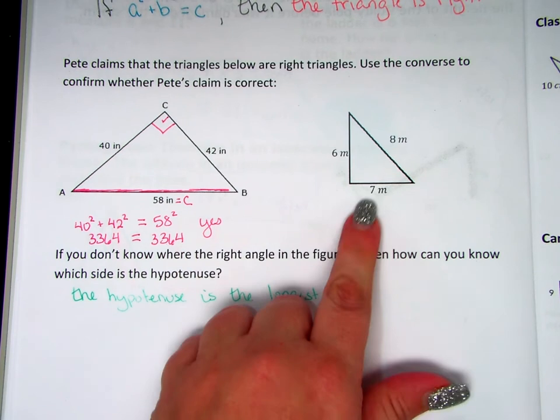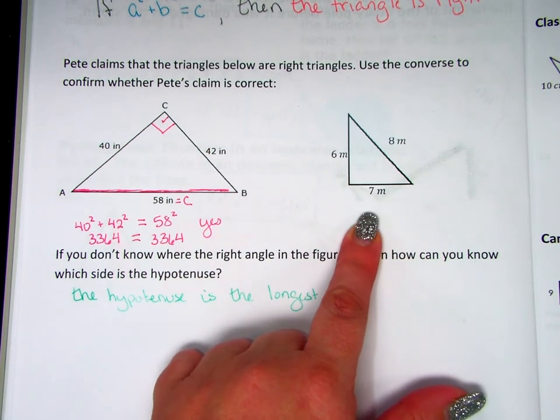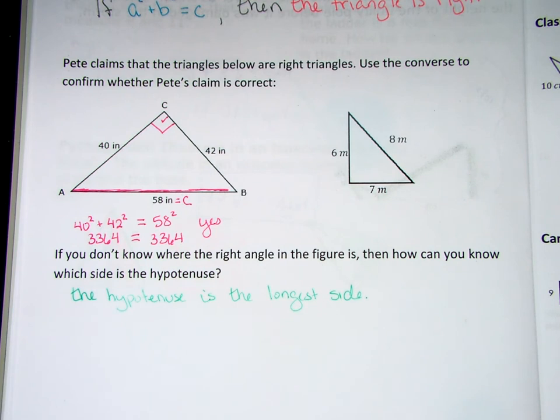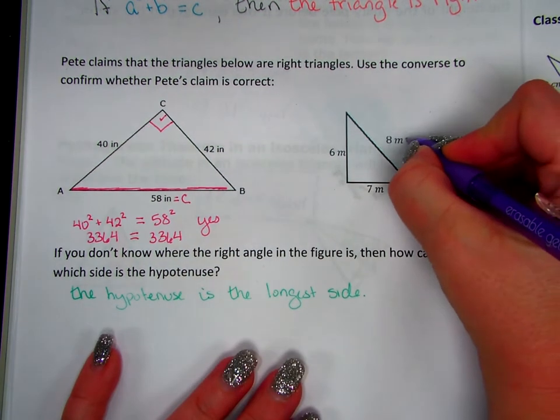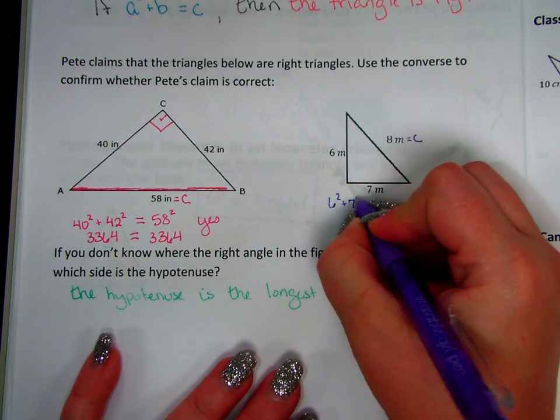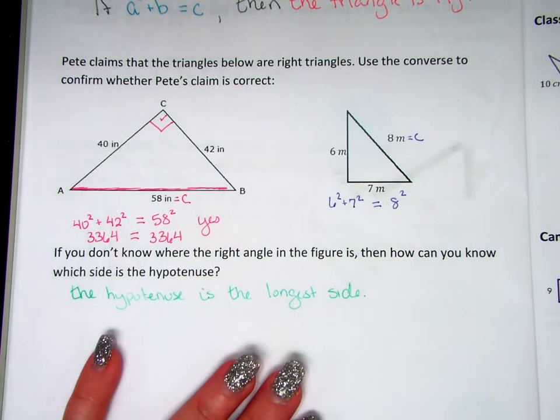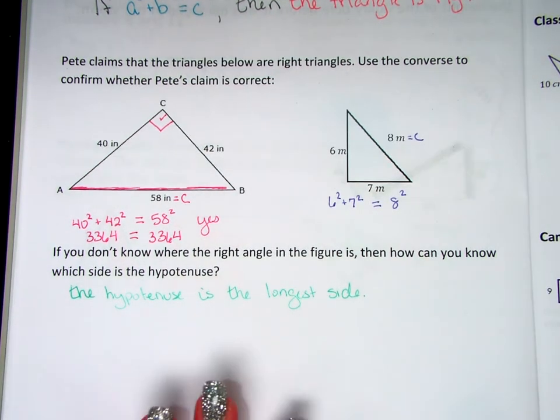Okay, let's check the other one, the one next door. 6, 8, and 7. If this is a right triangle, which one is the hypotenuse? 8. So I'm going to test 6 squared plus 7 squared, and I want to know, does it equal 8 squared?